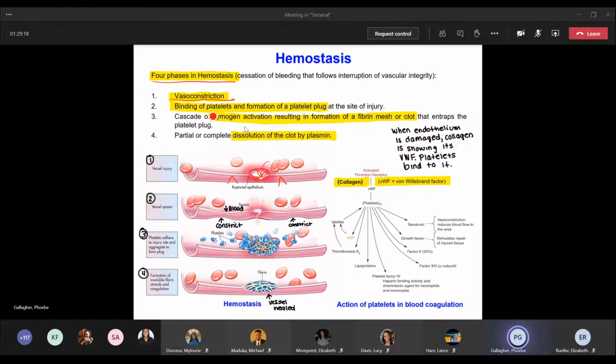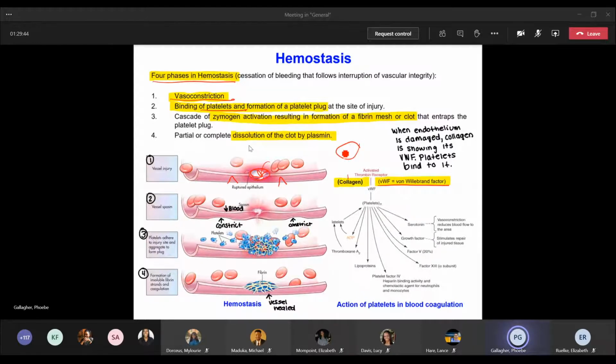Your second step is going to be the binding of platelets. The way platelets bind to the broken part of the vessel is through something called the von Willebrand factor. This is found on the collagen that is exposed when you lose the endothelial lining of the vessel. You've got your endothelial lining coming directly in contact with the blood.